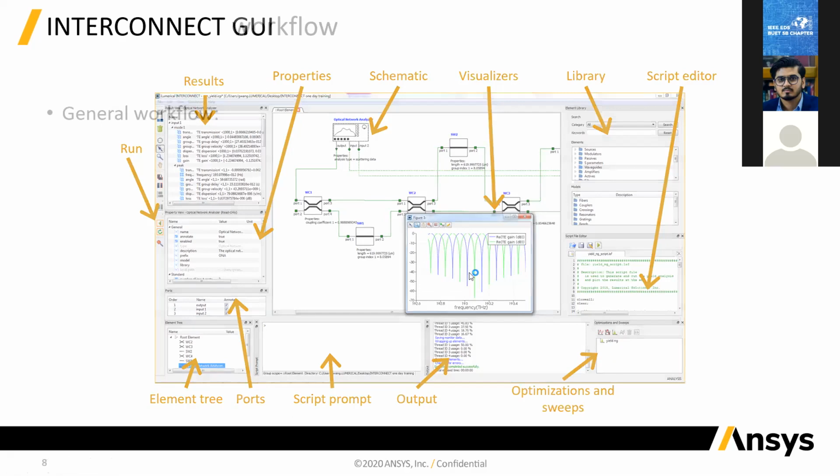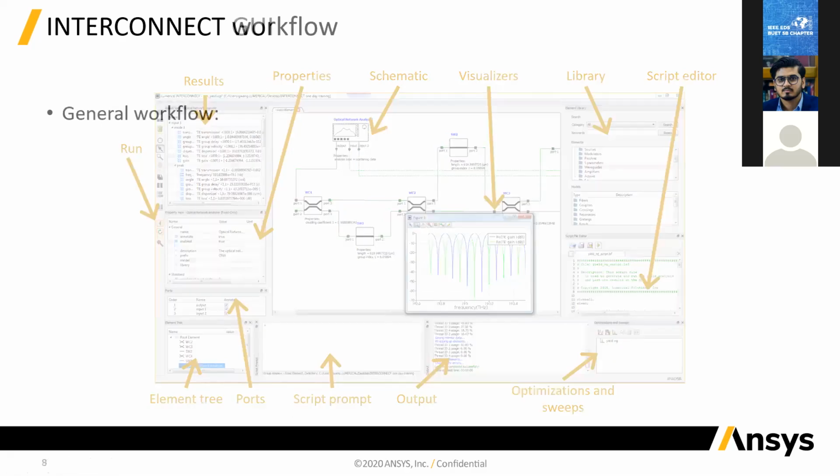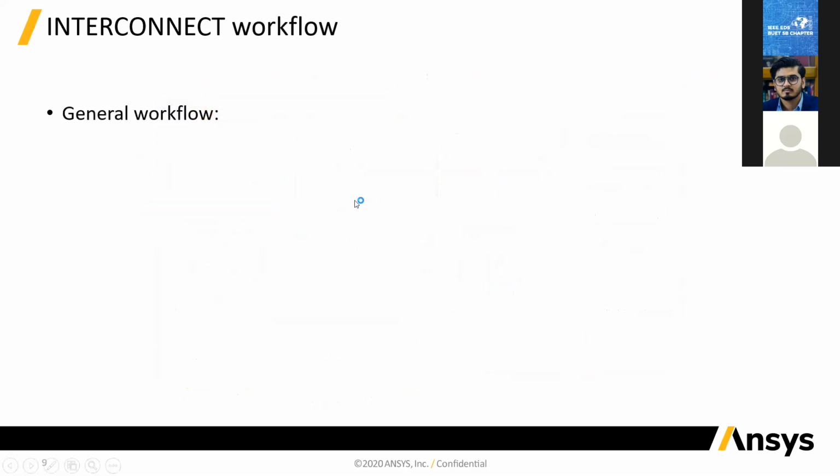So when you're creating a circuit and running a simulation in INTERCONNECT, the typical workflow would be you'd first add all your circuit elements, either from the primitives, or, in a lot of cases, like if you're creating a circuit that you want to fabricate at a foundry, you can get a compact model library from the foundry that you can install in INTERCONNECT.